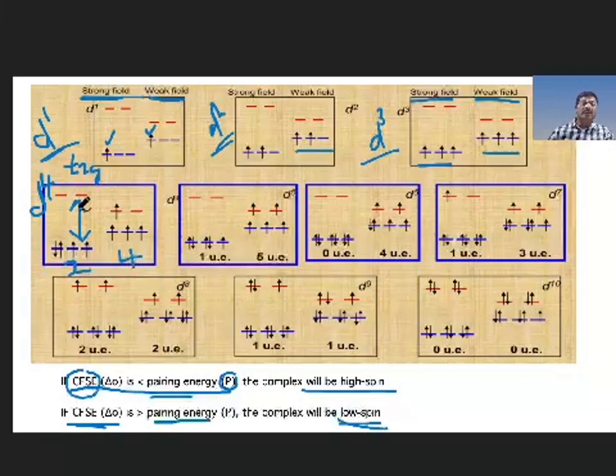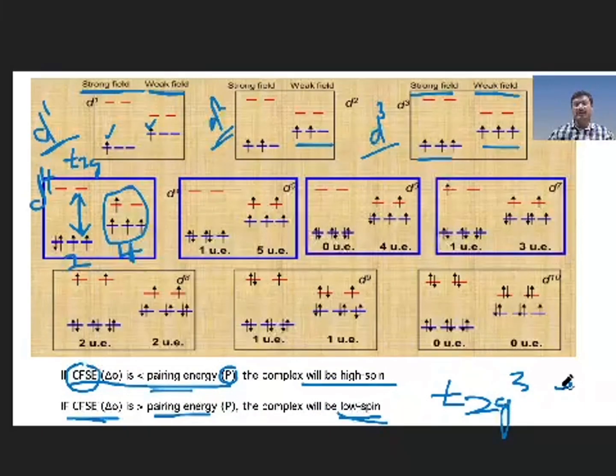That means if the CFSE is more, it will go to the low spin compound. If the CFSE is less, it will go to the high spin compound. That means in the case of the d4 electronic configuration, the high spin compound has the t2g3 eg1 electronic configuration.